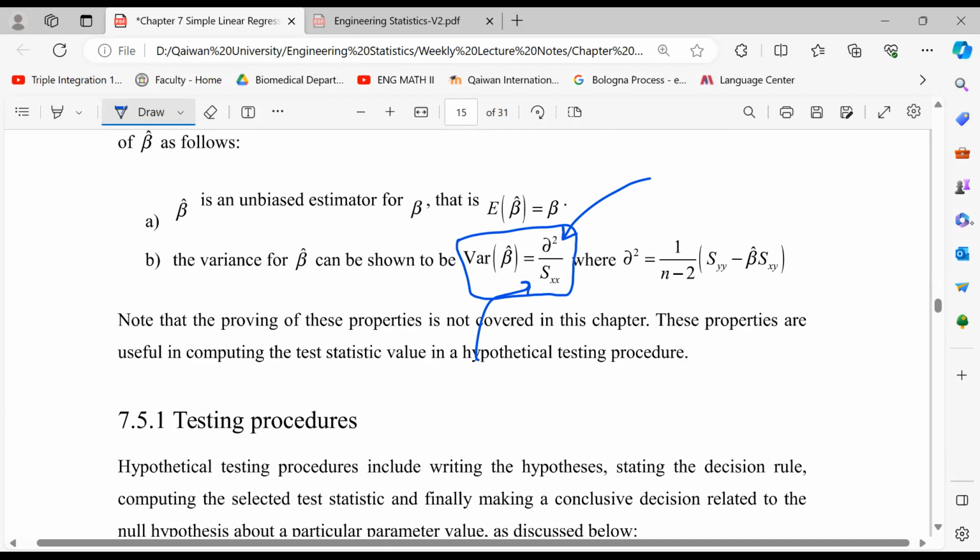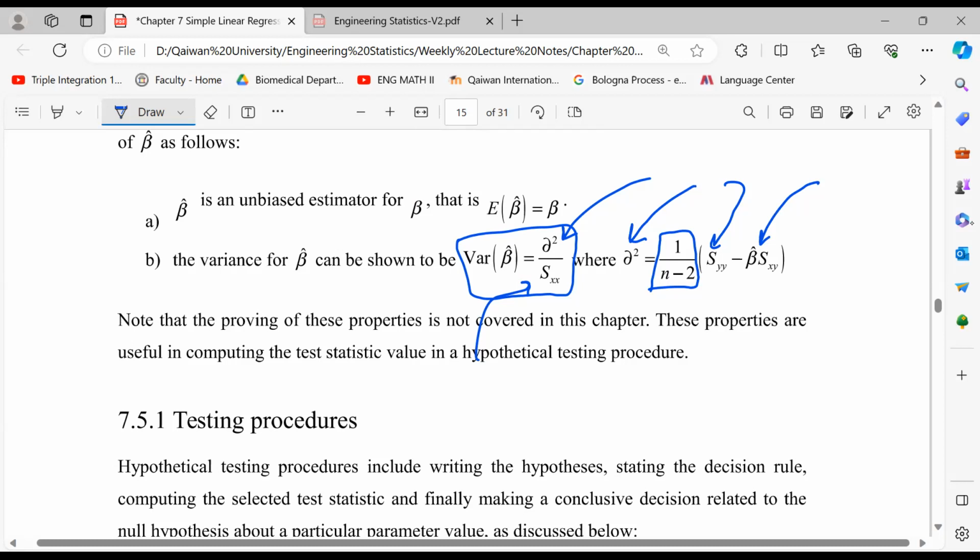So sigma hat squared is 1 over n minus 2, where n is the number of data, multiplying by s sub yy minus beta hat s sub xy. At the beginning, we talked about the formulas for finding s sub xx, s sub yy, and s sub xy.